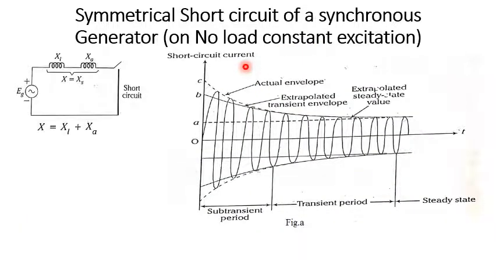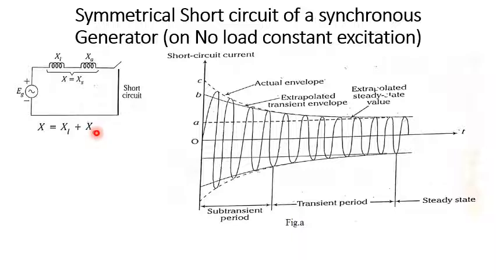Under steady state condition, the armature reaction of the synchronous generator produces a demagnetizing flux. This causes a drop in the machine, and we assume a fictitious reactance, which we can call the armature reactance.